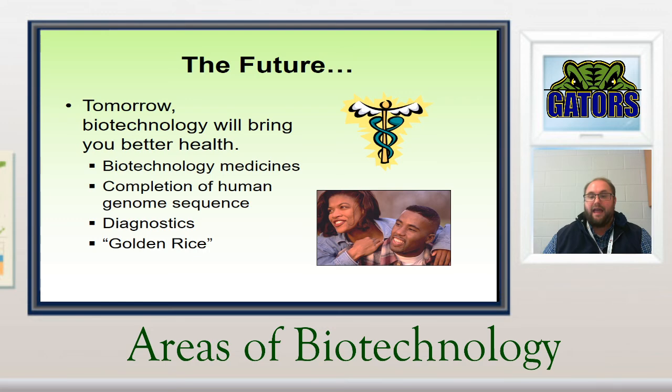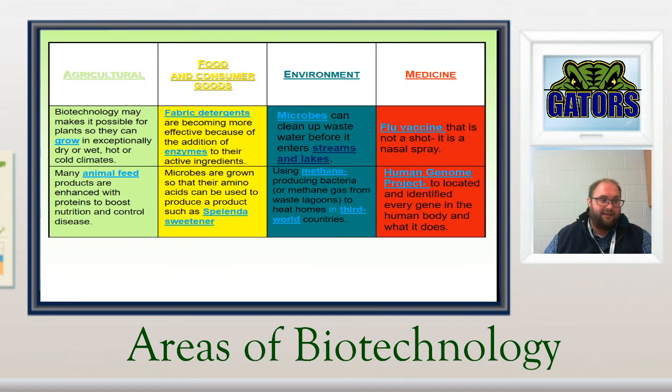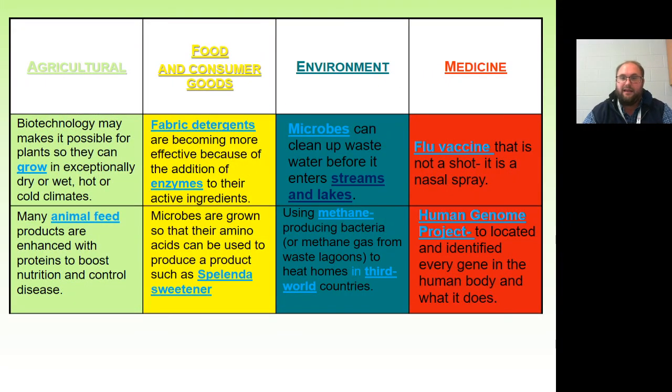So, guys, our next slides are basically some major examples of different types of biotechnology. I'm giving you 2 examples each in this. I'm giving you 2 examples of agricultural biotechnology, 2 examples of food and consumer goods biotechnology, 2 examples of environmental biotechnology, and 2 examples of medical biotechnology. So, what I'd like you to do is I'm going to zoom this in, let you guys see that. I would pause.